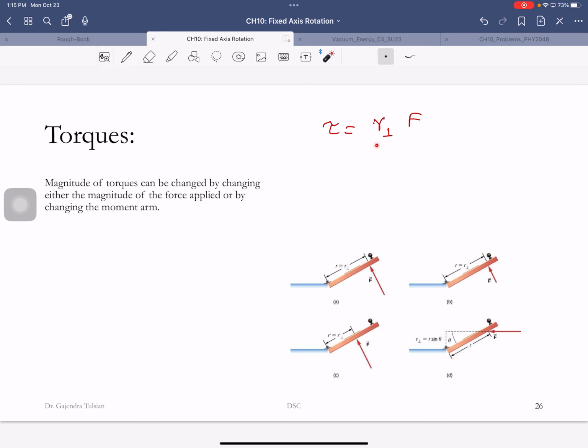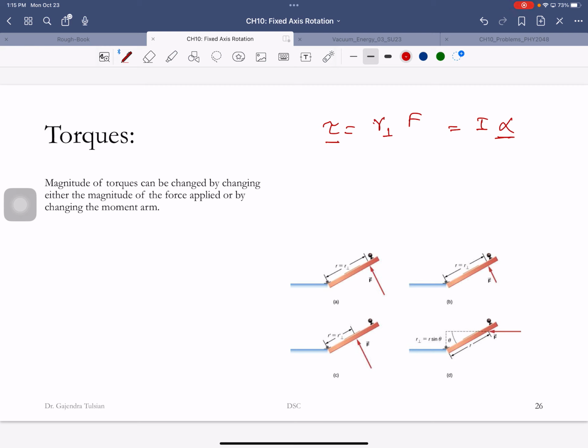This distance is called the moment arm. If you put the doorknob there, the moment arm would be half, so the torque would be half as much, while the moment of inertia of the door is the same. If you apply half as much torque, the acceleration is half as much, and it takes forever to open the door.